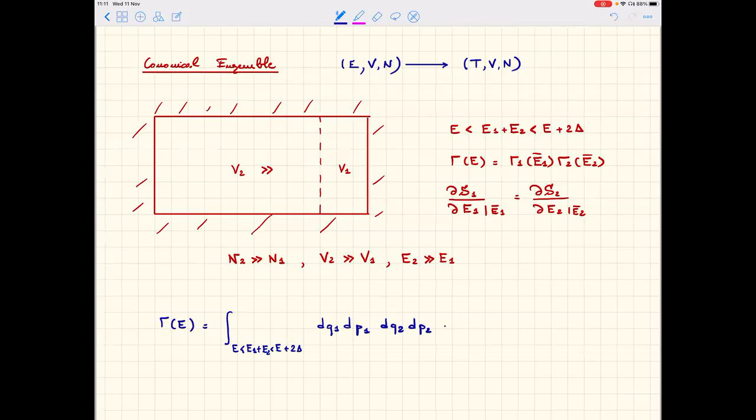Now I can rewrite this integral formally in the following way.